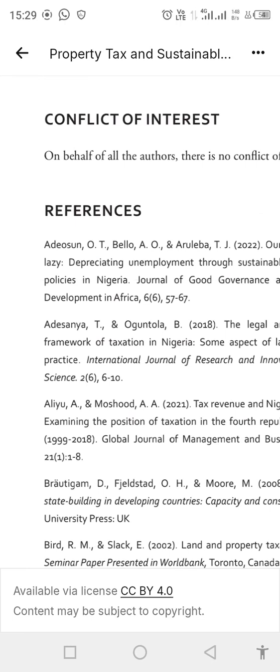Like I established in the previous video, every journal article has its own referencing style that it follows, and this particular journal article does not follow the APA 7th referencing style. That's the reason why you see that the second line starts from where the first line starts here.